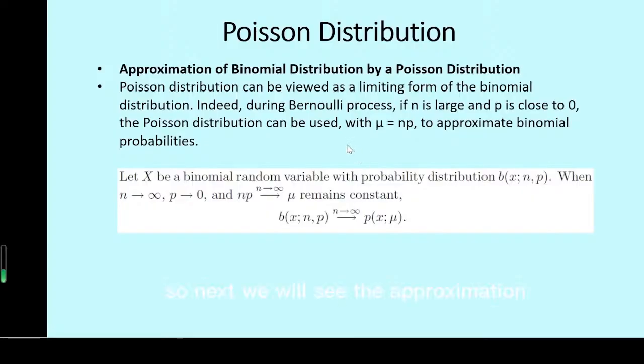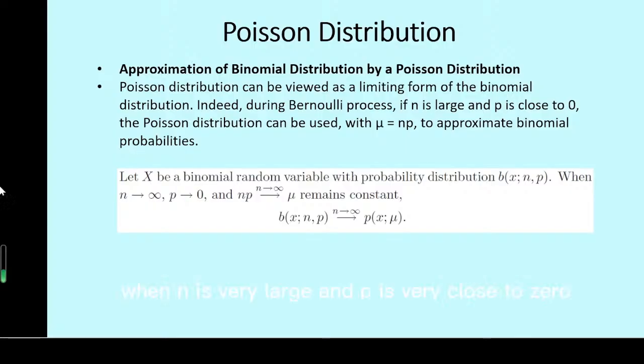So next we will see the approximation of the binomial distribution by a Poisson distribution. The Poisson distribution can actually be viewed as a limiting form of the binomial distribution. We know the binomial distribution measures the number of successes x in n trials, where the success rate for each trial is p, right?